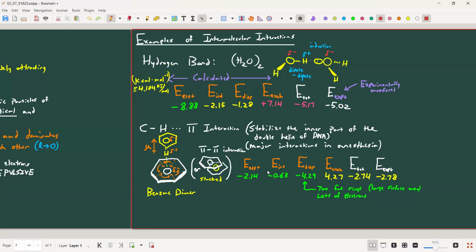You also have a large probability of exchange. And so all that dispersive energy that we stabilize the system by, we basically kill it all with exchange. It all cancels out. So all we're left with is kind of a few nickels and dimes of interactions that are left over. But still, again, it's enough that the net result is an attraction that's very close to experiment.